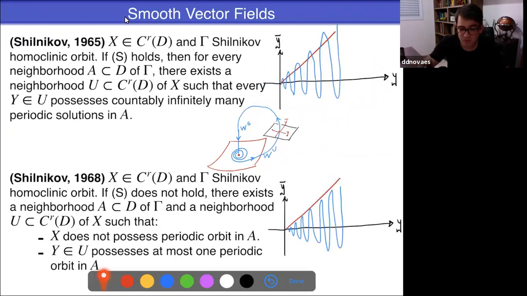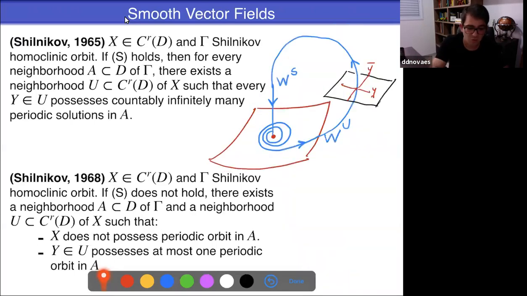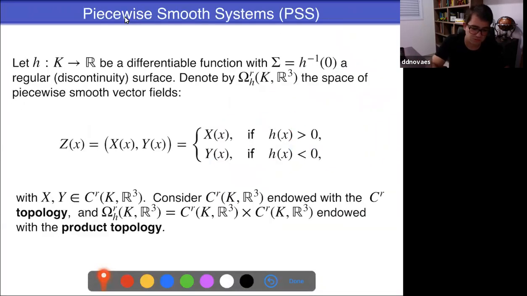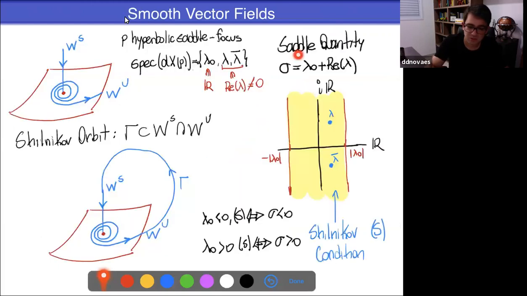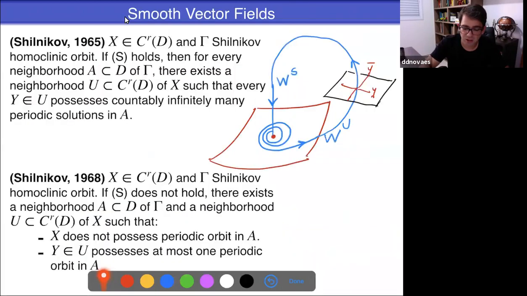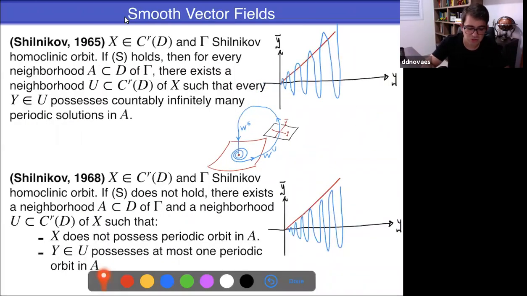Studying this one-dimensional map, we see that it oscillates infinitely many times towards the origin. And the Shilnikov condition, actually the saddle quantity, controls the amplitude of this oscillation. So for sigma negative, you have sufficient amplitude for this graph to intersect the identity infinitely many times.